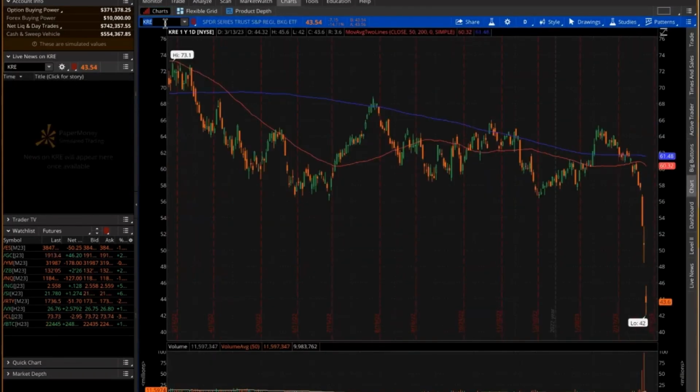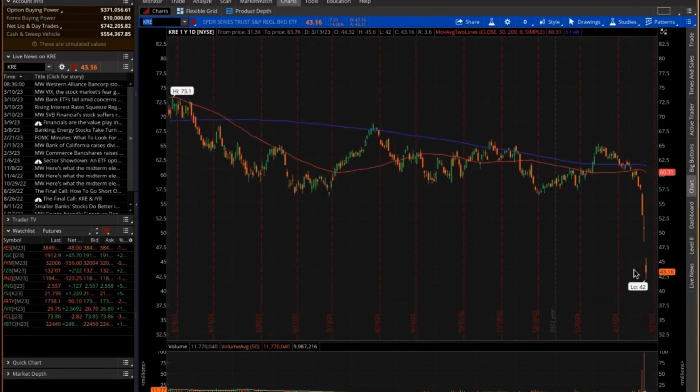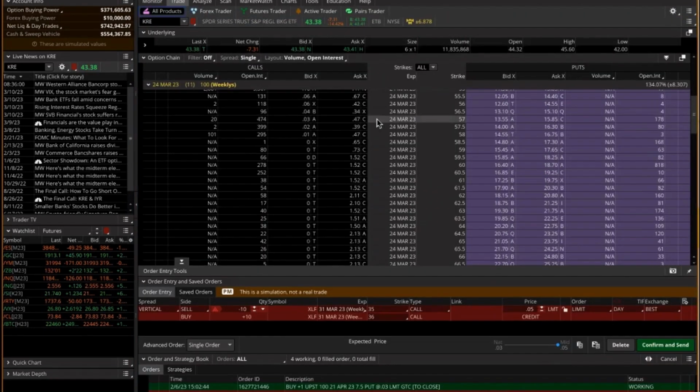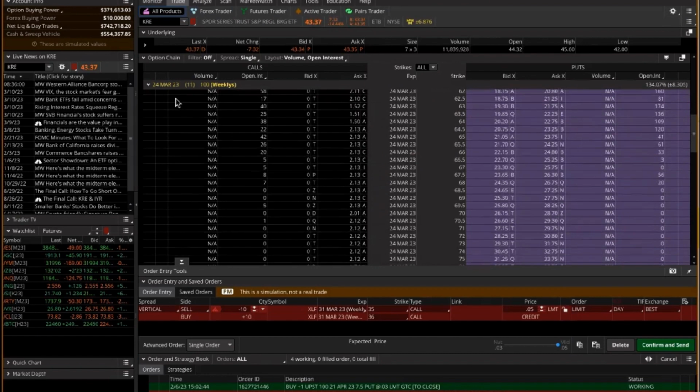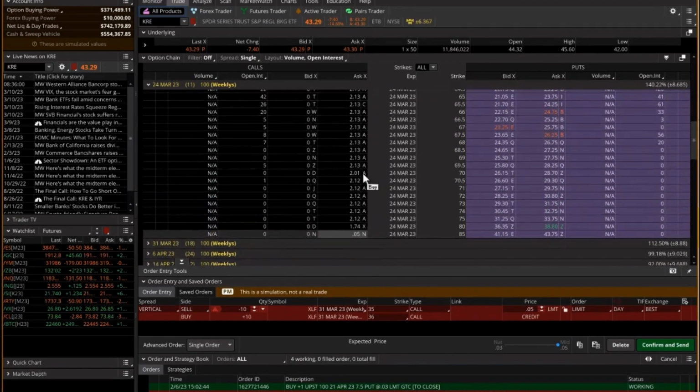If anybody has one in particular, goodness gracious. This is nuts, everybody. Look, just a week ago it's at 60, and now it's at 43. It's gapped down hard today. So if we took a look at its options, these are the March 24s, a week from Friday, and the slippage is just nuts.